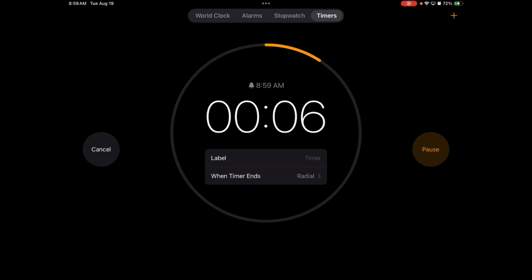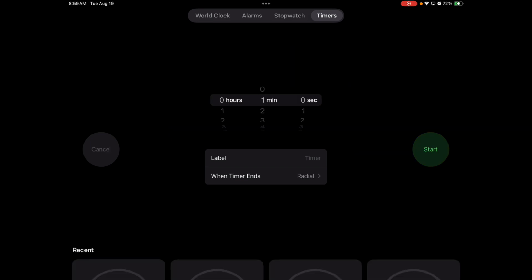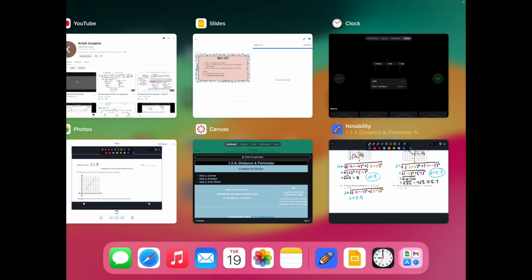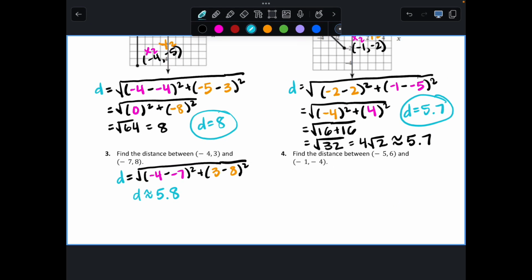Put your phone away, right? All right, does anyone have an answer? 10.8. Actually, 10.77, but rounded.